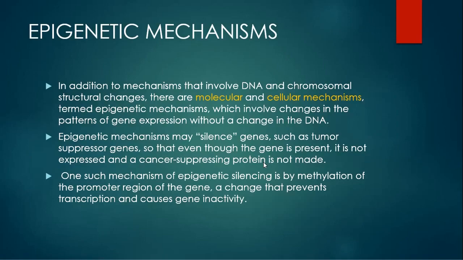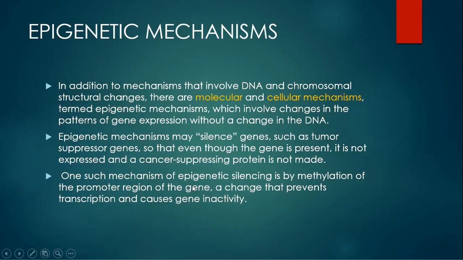Okay, so now we're going to talk about epigenetic mechanisms. In addition to mechanisms that involve DNA and chromosomal structural changes, there are molecular and cellular mechanisms termed epigenetic mechanisms, which involve changes in the patterns of gene expression without a change in the DNA. Epigenetic mechanisms, as I told you earlier, may silence genes such as tumor suppressor genes, so that even though the gene is present, it is not expressed and a cancer suppressing protein is not made.